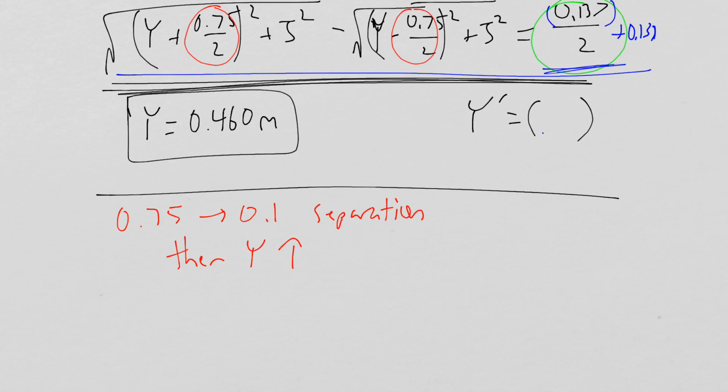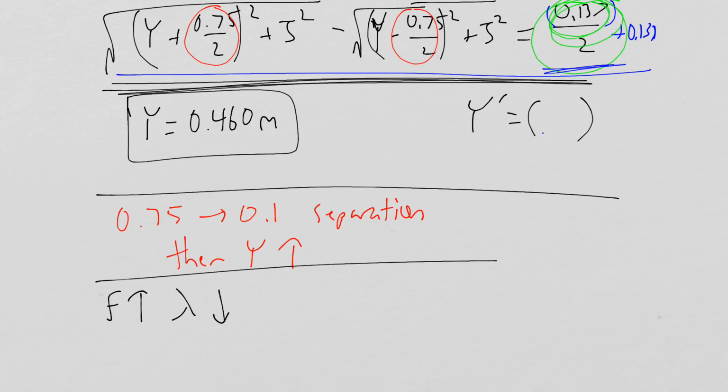Part D2 is a little bit more straightforward. This one I expect you to be able to do. If the frequency goes up, the speed of sound has not changed, so we know that the wavelength goes down. If the wavelength goes down, that means we're changing this term over here.